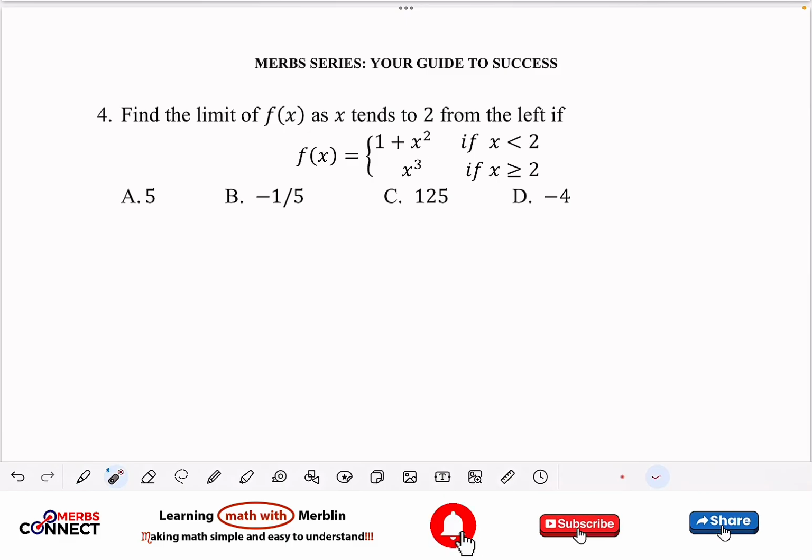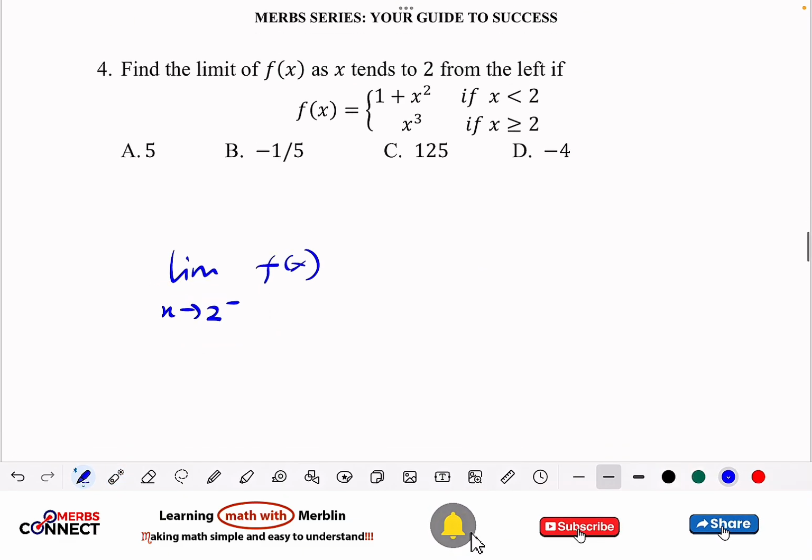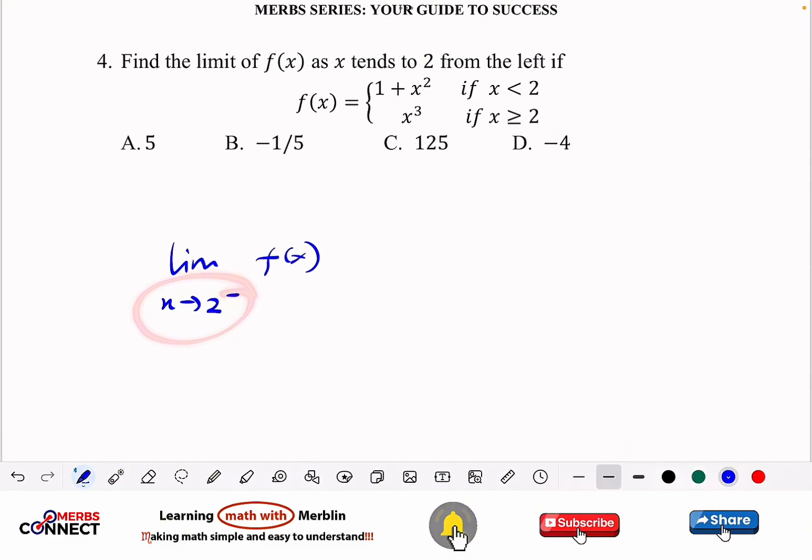Find the limit of f of x as x tends to 2 from the left. So in words, this is what the question is looking for. So which one is the left? When you say the left, it means that x is from the left.